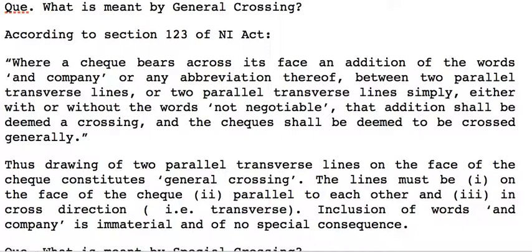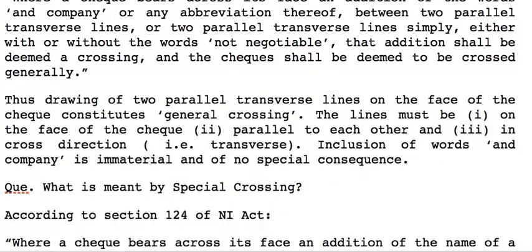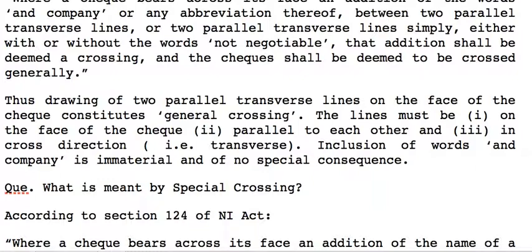So, in general crossing, you will say it is the drawing of two parallel transverse lines. It is a must on the face of the check. The lines must be on the face of the check. They should be parallel to each other and in a cross direction, meaning transverse.